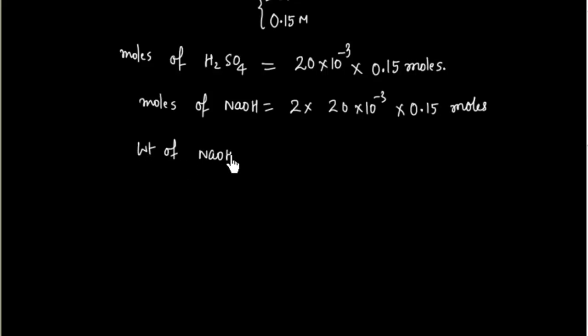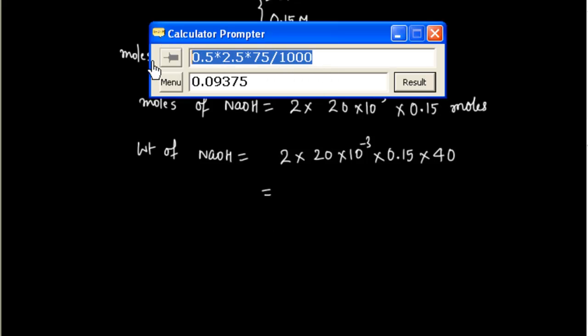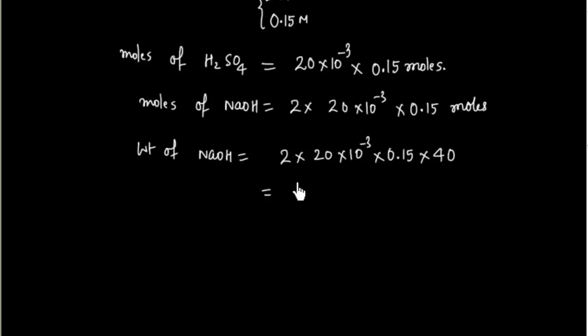The molecular mass of NaOH is 40. So 2 into 20, multiplied by 0.15 and multiplied by 40, divided by 1000, is 0.24 gram. So 0.24 gram of NaOH is needed in the first case.